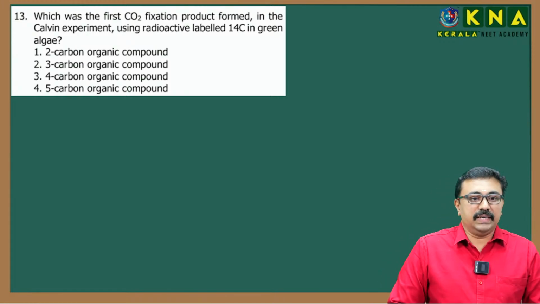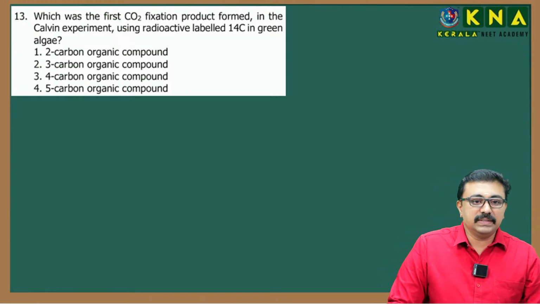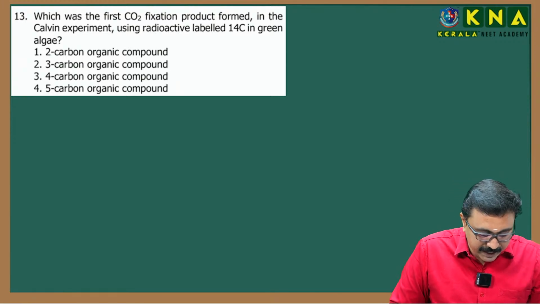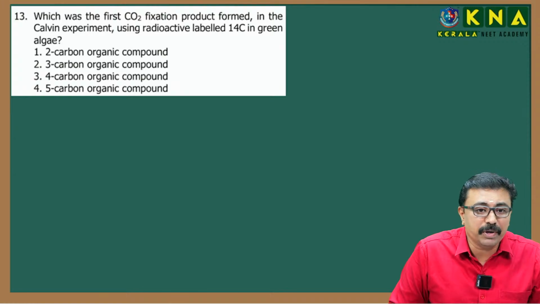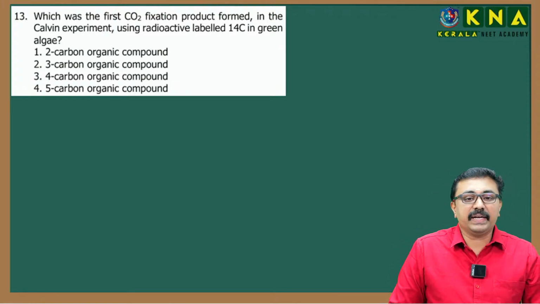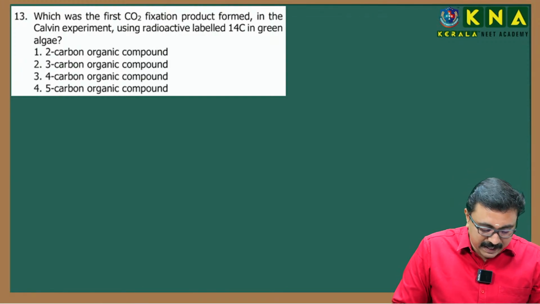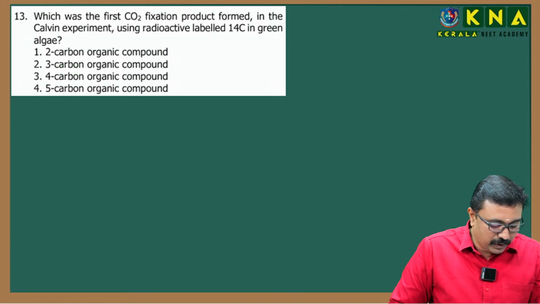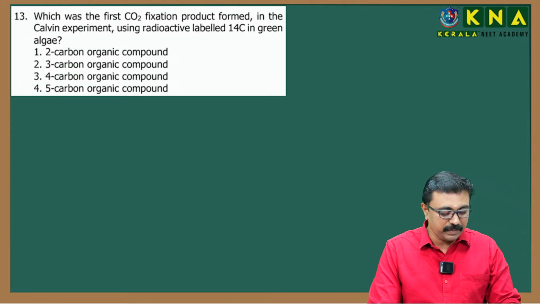Next question, question number 13 from photosynthesis: which was the first carbon dioxide fixation product formed in the Calvin experiment using radioactive labeled carbon 14 in green algae?